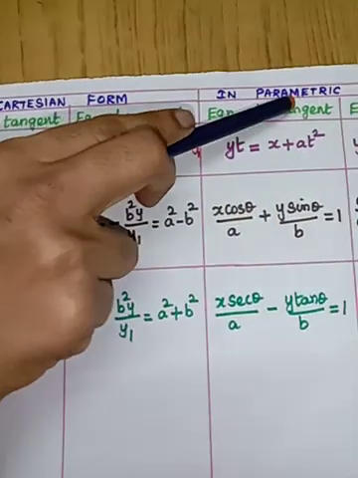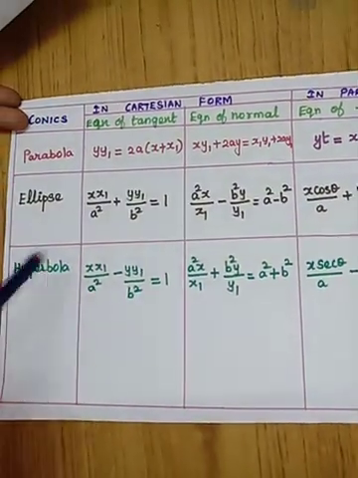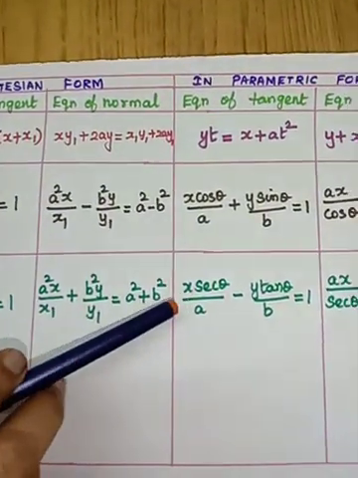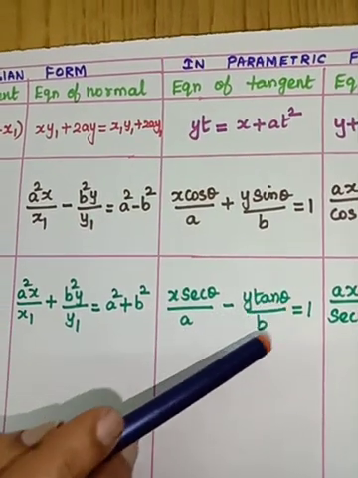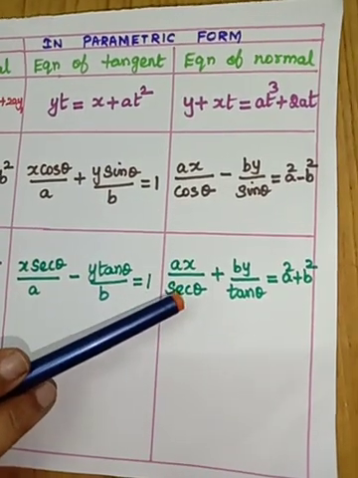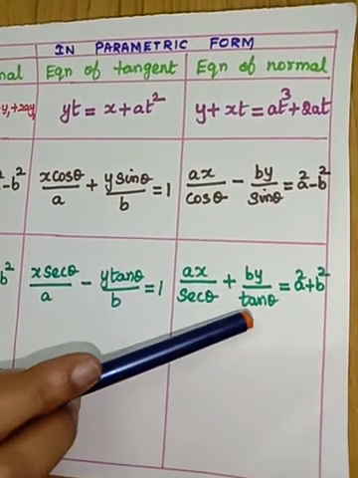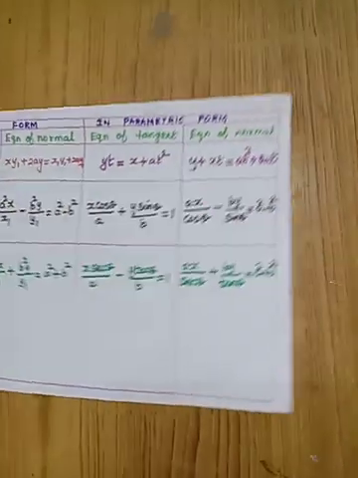Coming to the parametric form, the equation of the tangent to the hyperbola at theta is x secant theta by a minus y tan theta by b is equal to 1. So the normal is ax by secant theta plus by by tan theta is equal to a squared plus b squared.